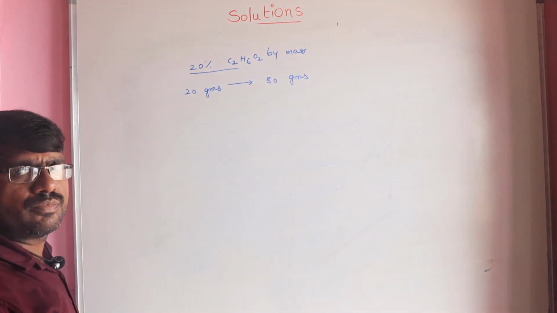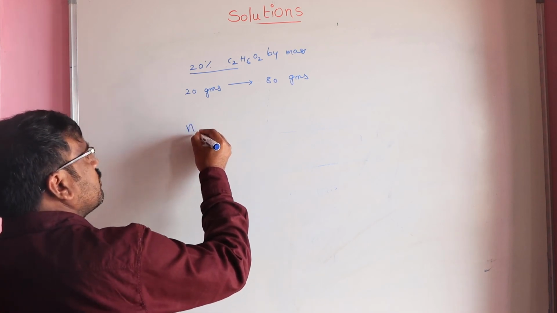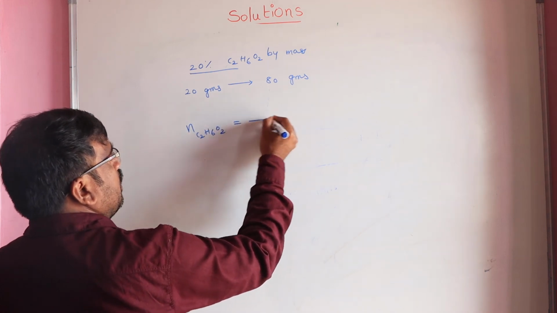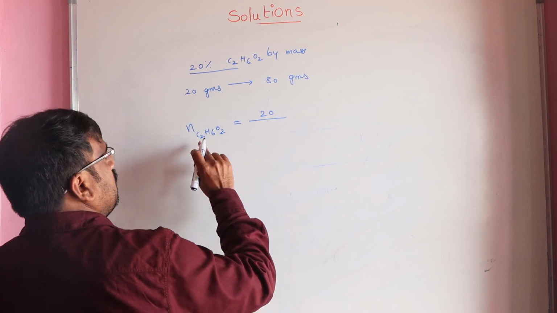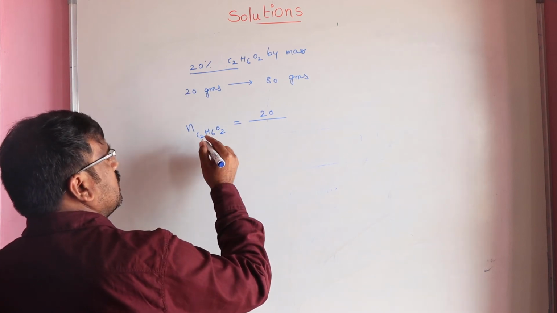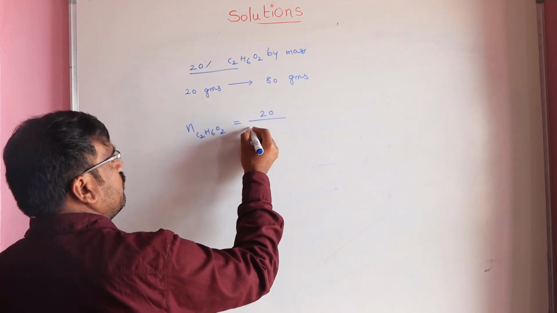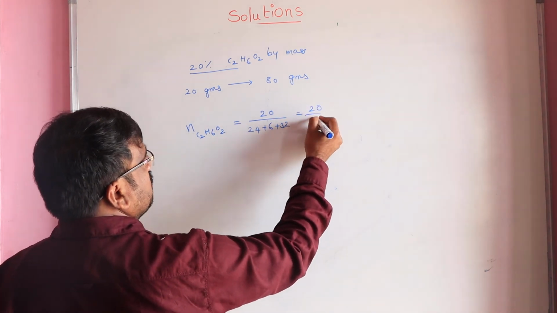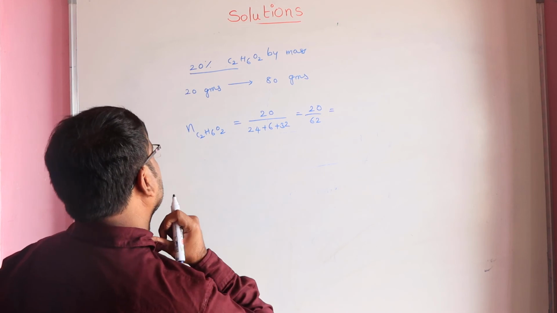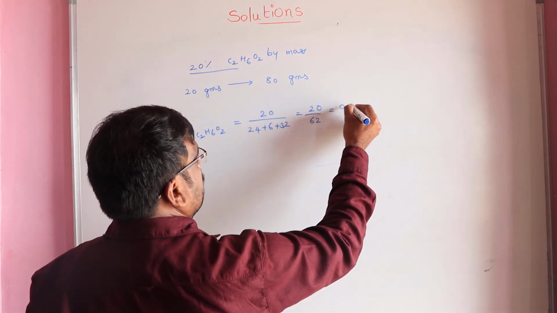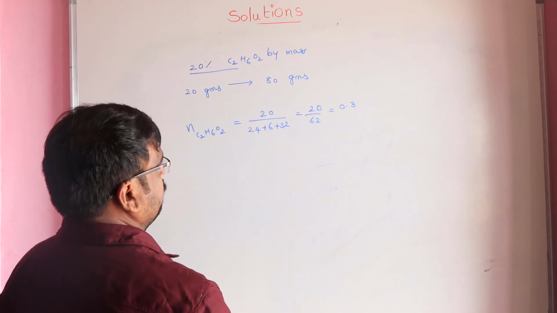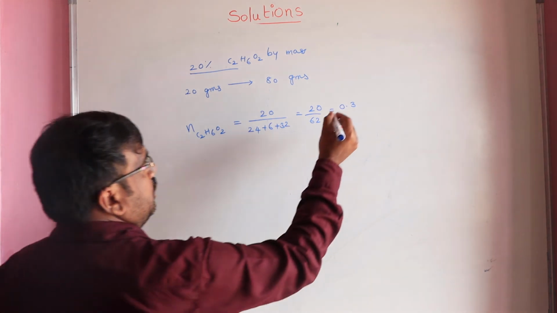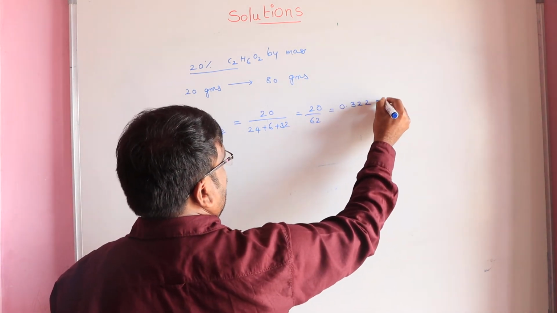Then the number of moles of ethylene glycol C2H6O2 is 20 divided by the molar mass of ethylene glycol: 2 carbons, that's 24, plus 6, plus 32 for 2 oxygen atoms, so 20 by 62, which is 0.322 moles.